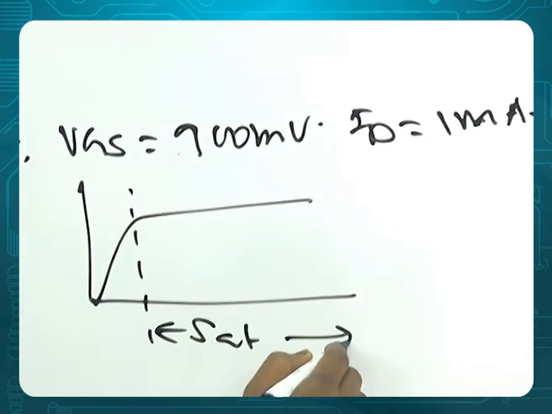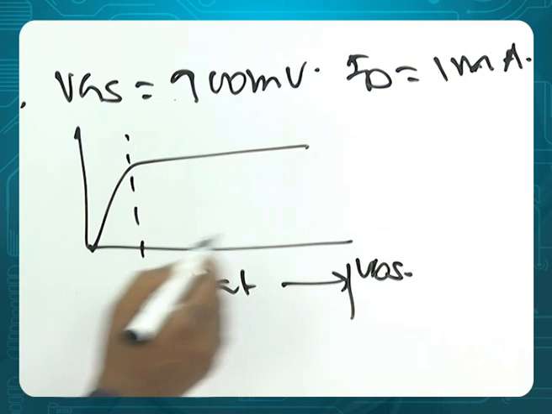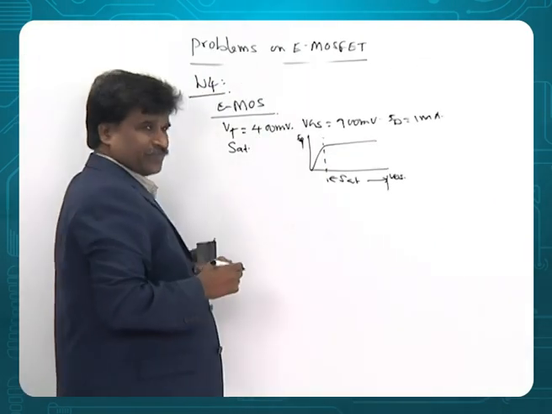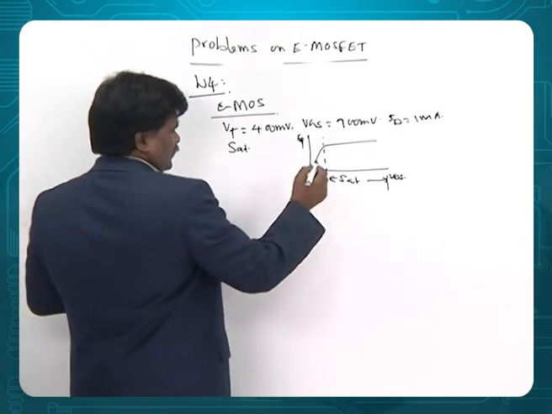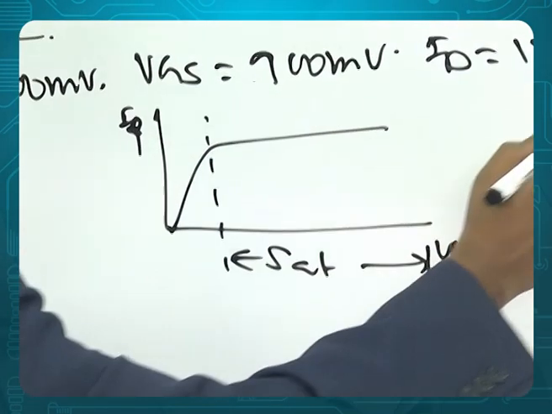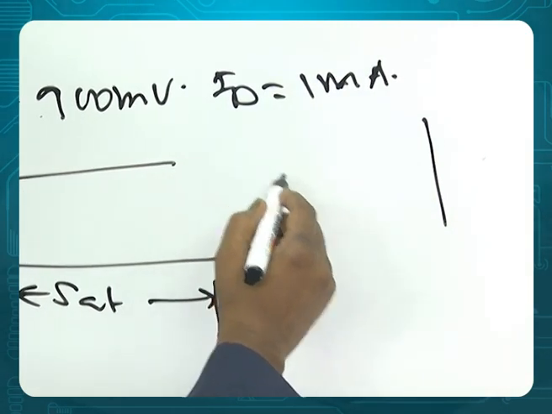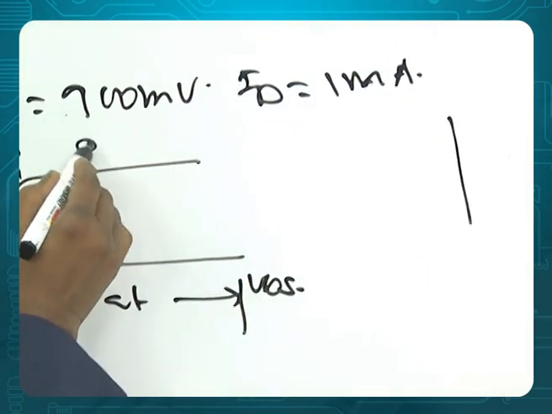This is saturation. VDS, ID. And if you see the forward characteristics, this is output characteristics.